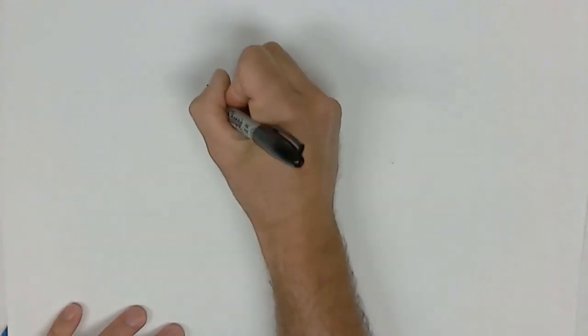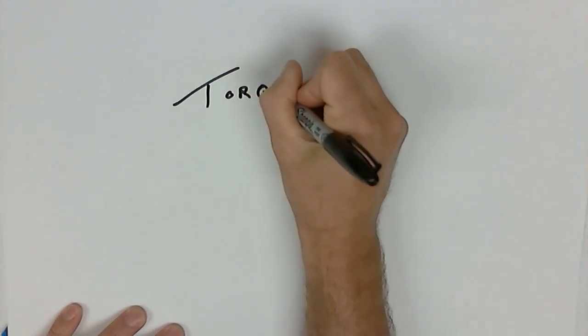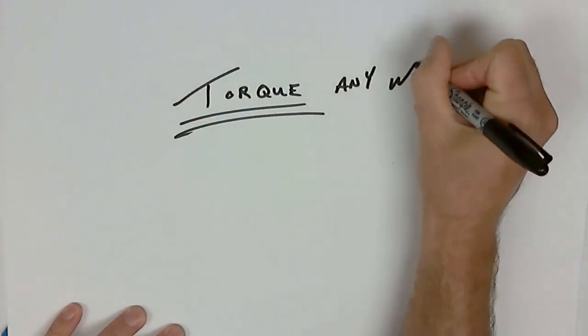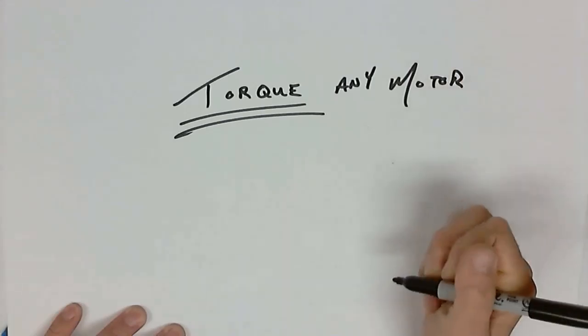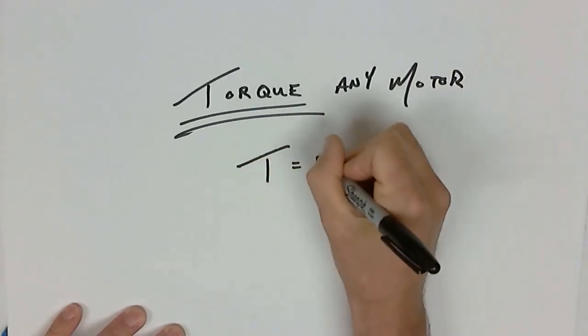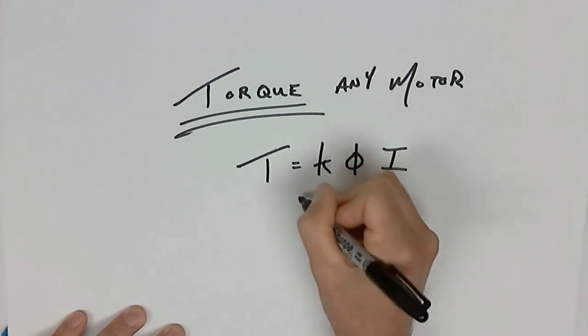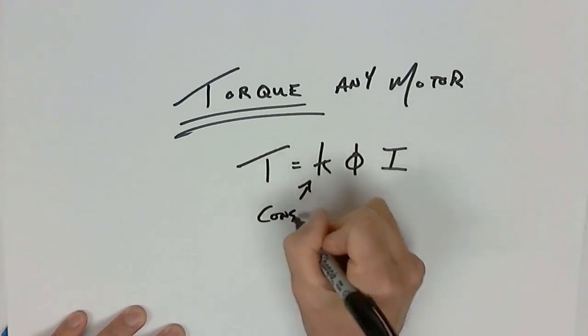Let's take a look at calculating some torque values. Torque in any motor can be calculated with this formula. Torque is equal to K flux I. K is a constant value that's given.